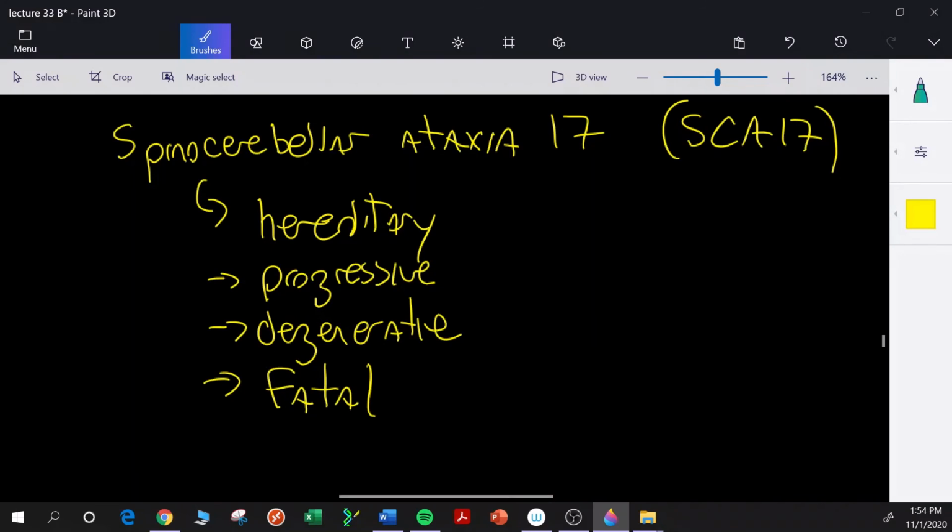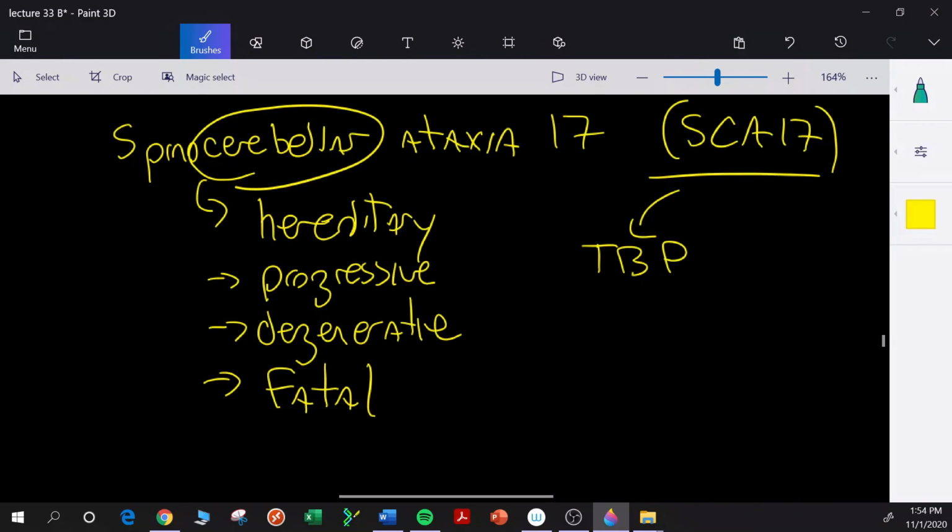And they involve the nervous system, as you can probably tell by the cerebellar in the name. So SCA17 is a result of mutations in the TATA binding protein, TBP, which forms part of TF2D.